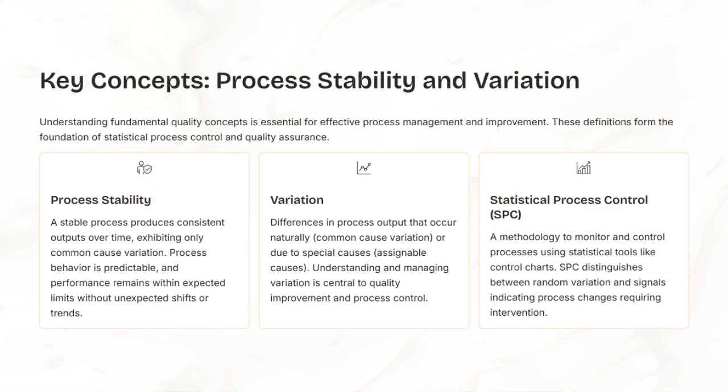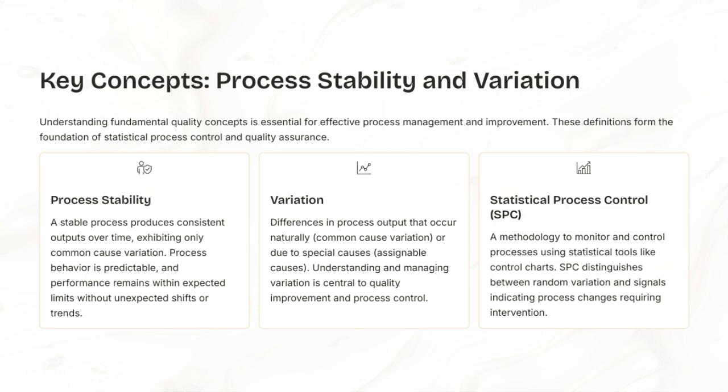Knowing whether a process is stable or not helps us manage quality effectively. If we understand these fundamental concepts, variation and stability, we can better control our processes and drive continuous improvement. In essence, these key concepts, process stability and variation, are the foundation of effective process management and quality assurance. They enable us to identify when a process is performing well and when it might need adjustment to meet our quality goals.